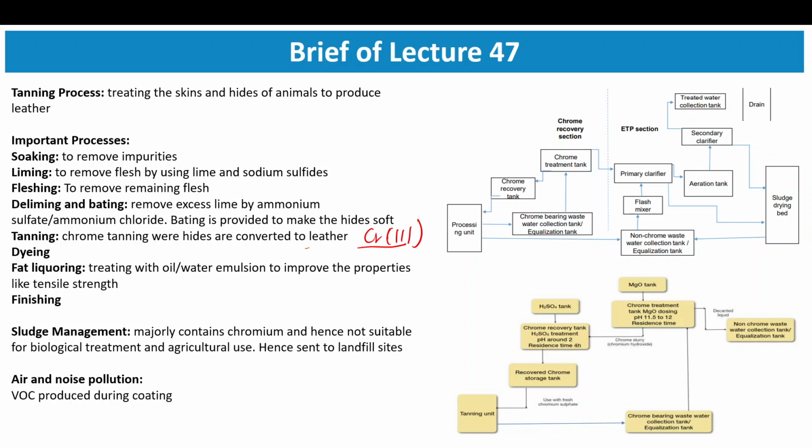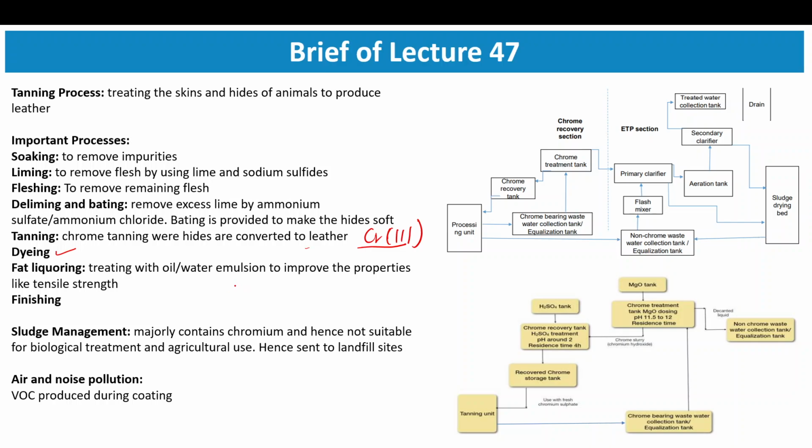So in that case, you provide final processing steps, including dyeing of leather, where you provide the color which is required for the leather depending on the application. Then fat liquoring, which is nothing but treating with an oil water emulsion.